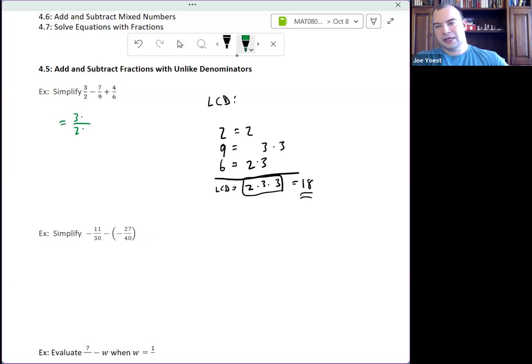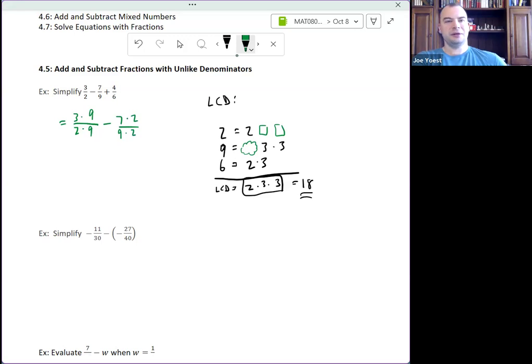And I know that 2 times, what pieces is 2 missing? It's missing a 3 times 3. 2 times 9 is 18. But I need to multiply the top by the same number. What is 9 missing? 9 is missing a 2. 9 times 2 is 18.